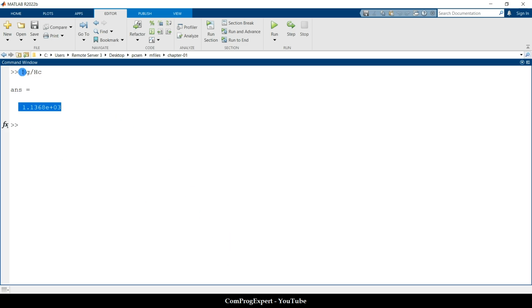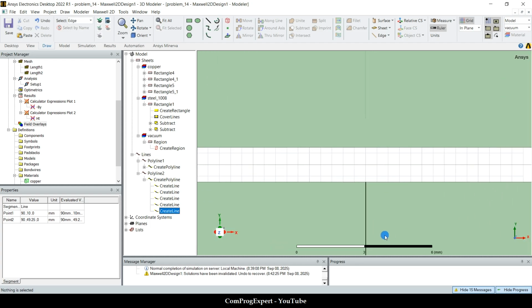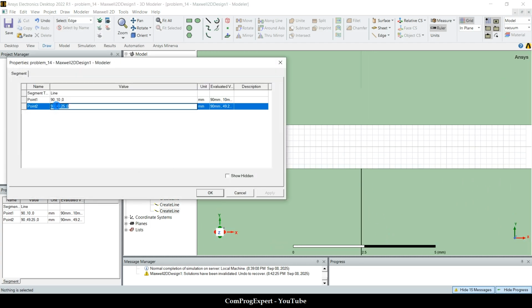The amount of the magnetomotive force drop in the air gap, right, is different from what we have in the core. And for the last line, this one, let's set the y coordinate of the endpoint to 48. Apply.